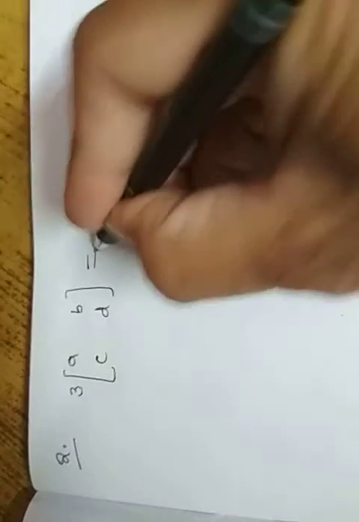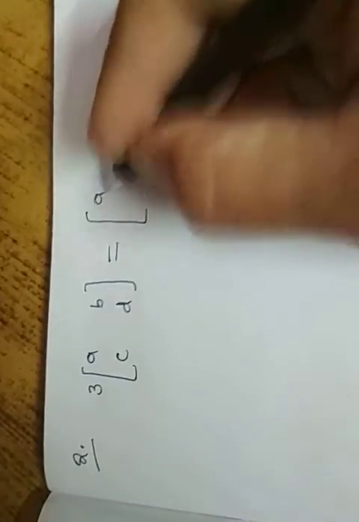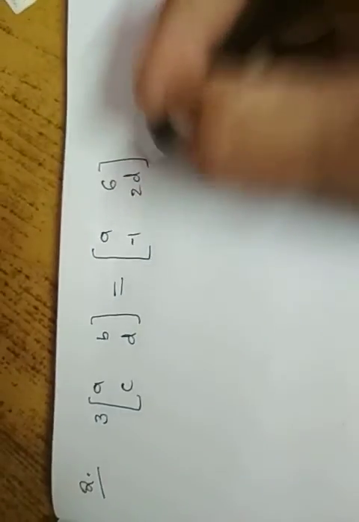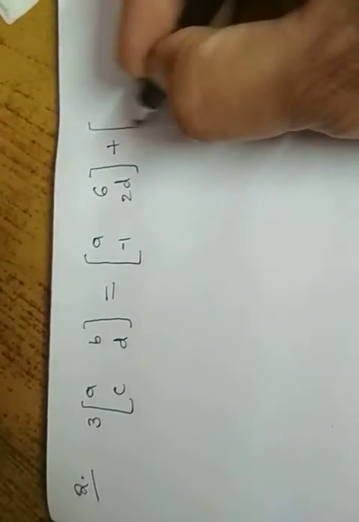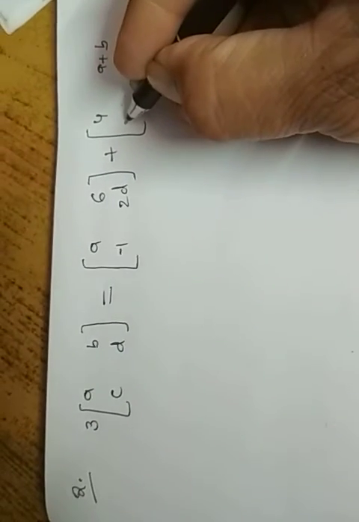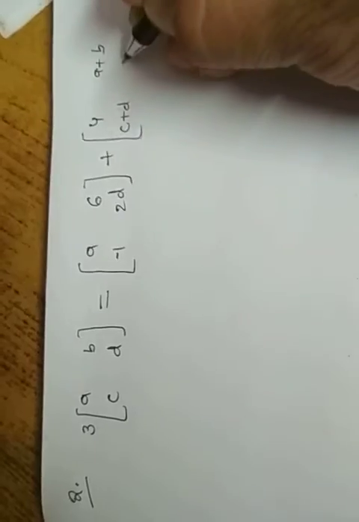I am taking another example. This is a question: 3 times the matrix [a b; c d] is equal to [a+4 6+a+b; -1+c+d 2d+3].